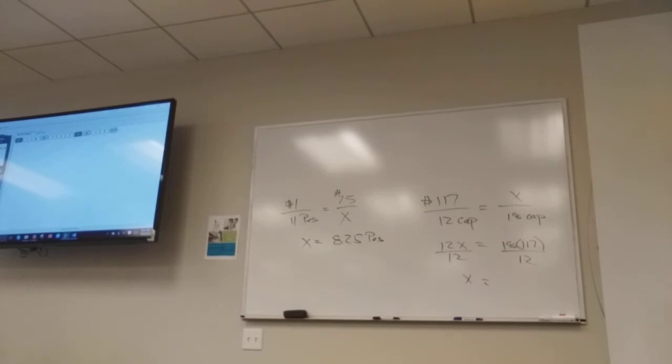I could have obviously multiplied 18 times 117, got an answer, and then taken that answer and divided by 12. I find it easier to just use the calculator once. Just a calculator technique. You do what you gotta do to get it right.